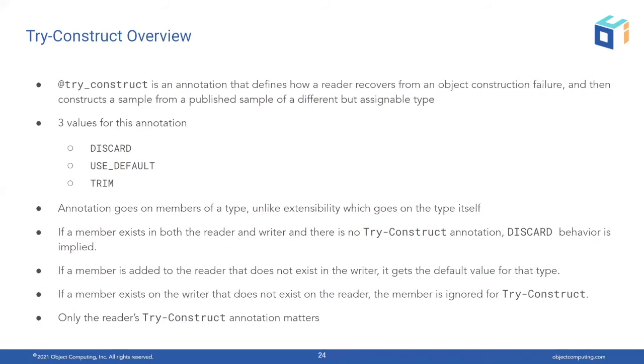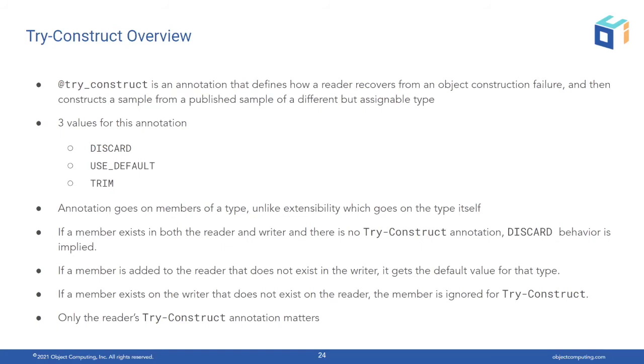And this annotation goes on the members of a type, unlike the extensibility annotation, which will go on the type itself. And if a member exists in the reader and the writer, and there is no try construct annotation, discard behavior is implied, meaning if you don't put the annotation there, it'll be handled as a discard.